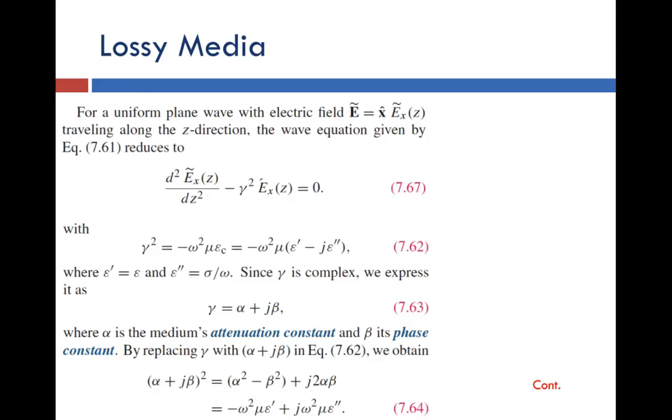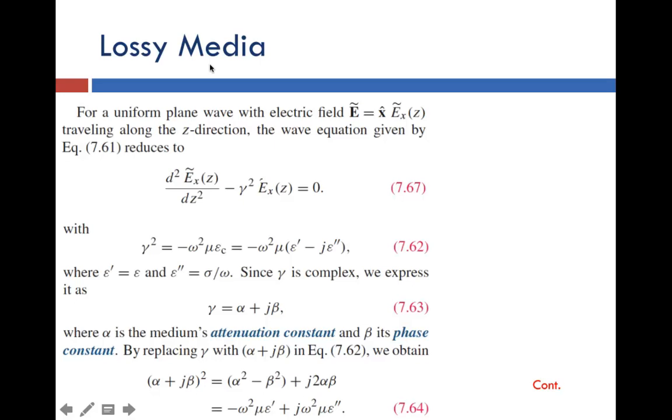But remember that in the lossless media, sigma is equal to 0. So that made gamma not be complex. Gamma became real because the permittivity was real. So all we're doing different here is we're saying, okay, we're no longer going to say we have a lossless media.